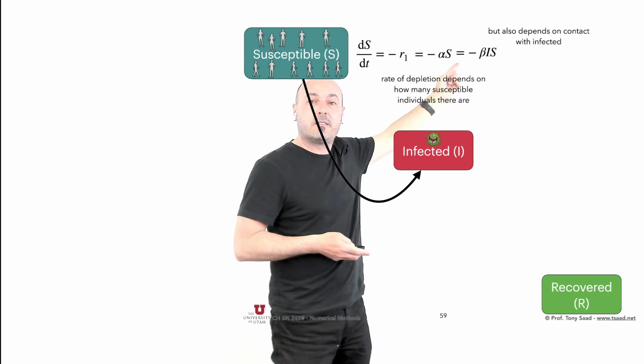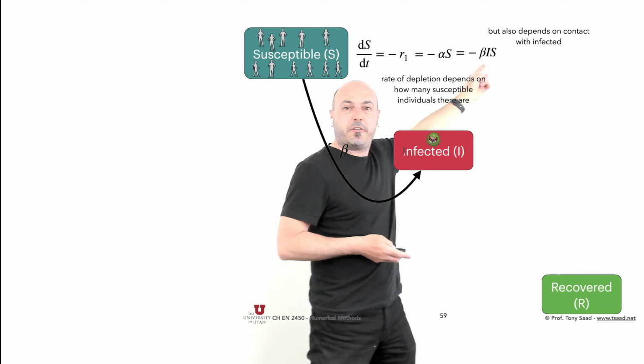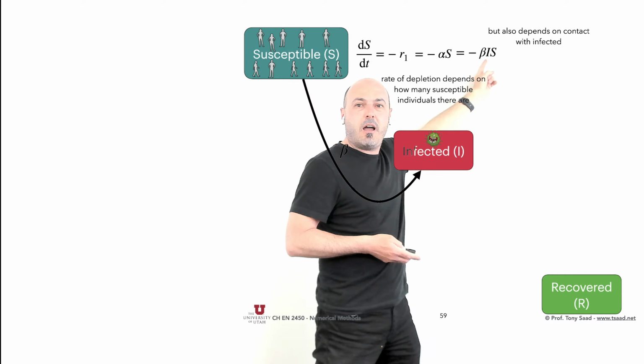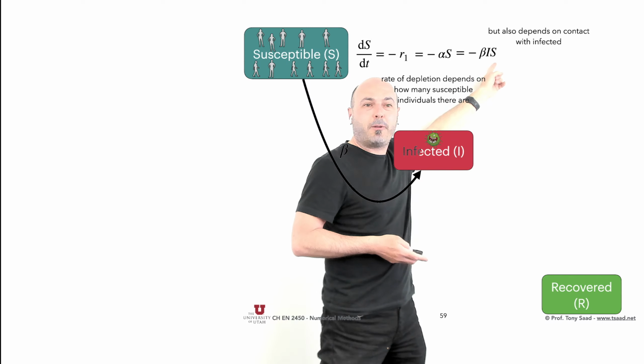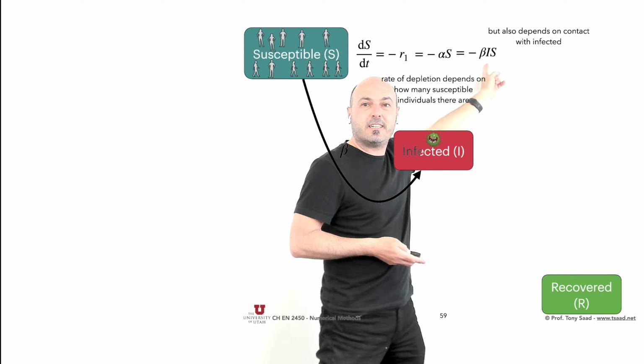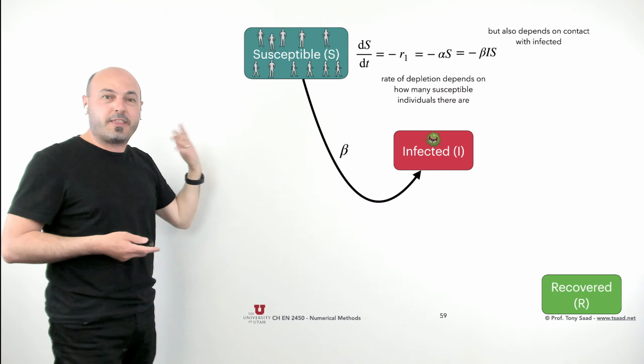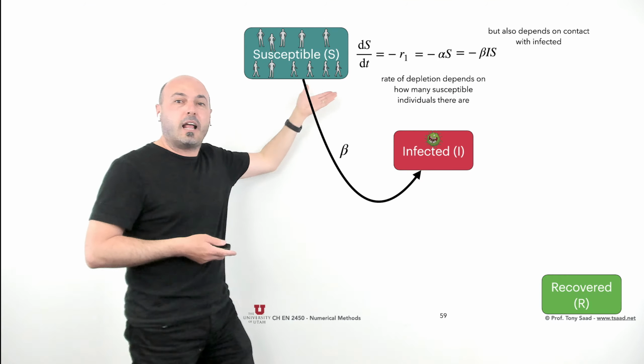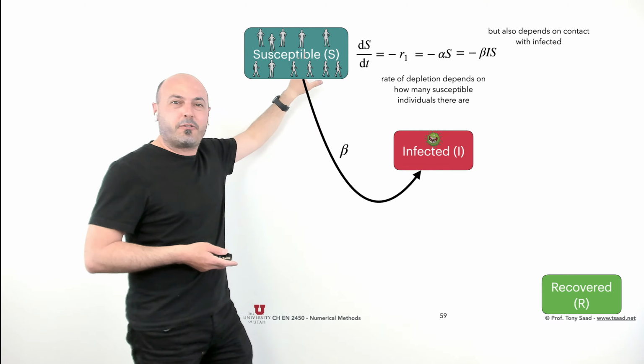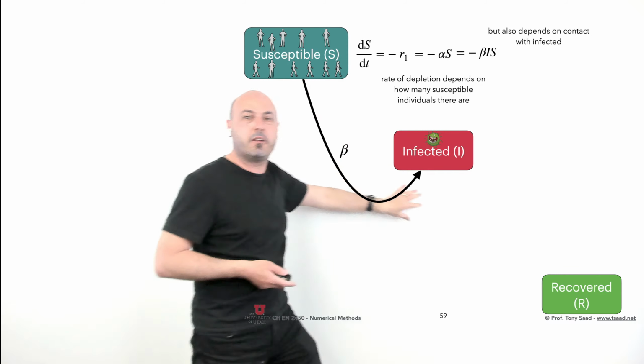So the way we model this, we simply keep a constant coefficient times I times S. So we multiply the susceptible with the infected, okay? Once the susceptible interacts with an infected, then they're going to become infected, okay? And that essentially tells you the rate of change of the susceptible moving from susceptible to infected.